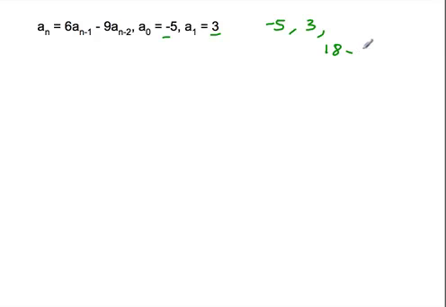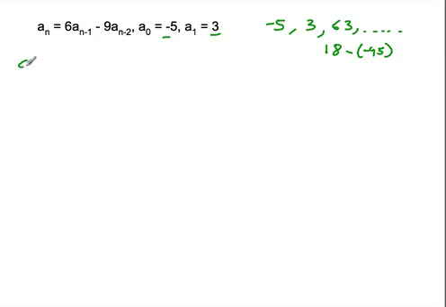It's going to be minus 9 times negative 5, which is negative 45. So it's like 18 plus 45, which gives us 63, and the terms get pretty big pretty quickly. So that's the sequence generated by this recurrence relation, and we're going to solve this like we did with the last one and find a formula for a sub n.